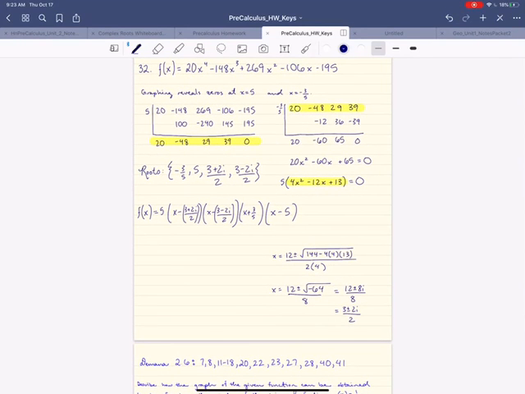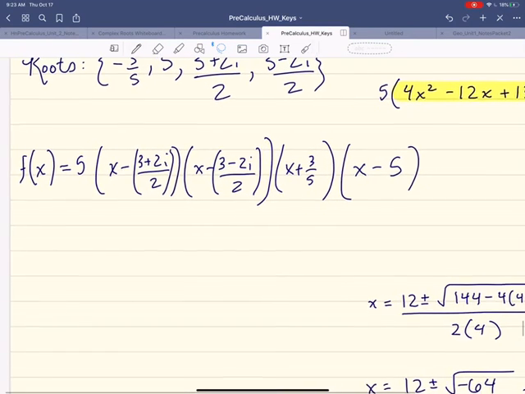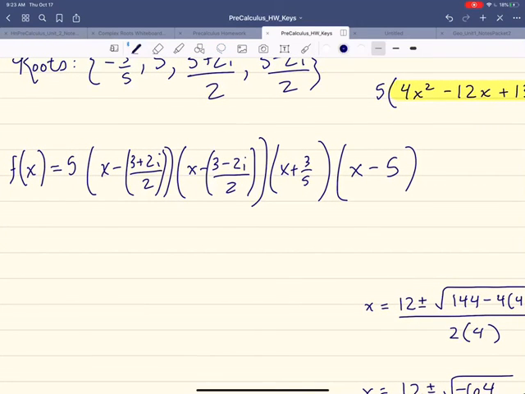So if I wanted to only use integers and no fractions, there's some things I could do here. I could multiply 5 by x plus 3/5, and then that would give me 5x plus 3. And then I could take each of these factors and multiply them by 2 over 2.